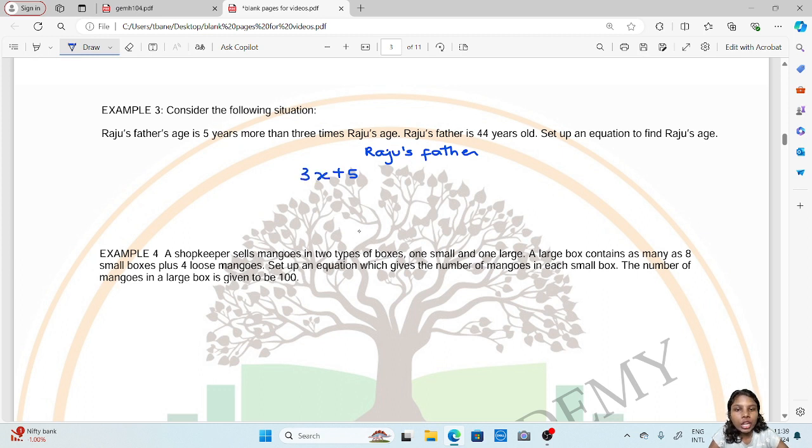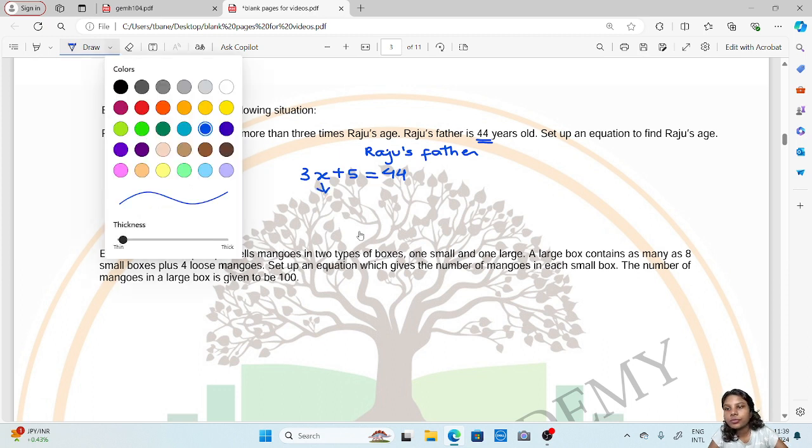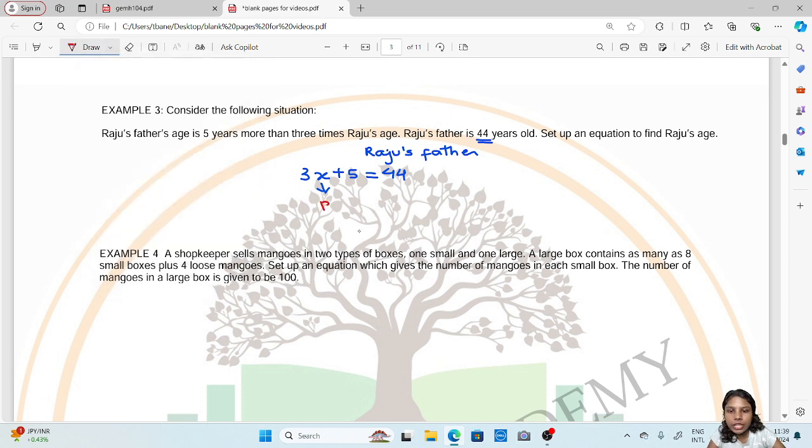And what they have told is Raju's father is 44 years old. So this equation will be equal to 44. Now in this whole equation, what is Raju's age basically? This variable. So this variable is Raju's age. Okay, so we have Raju and we have his father.